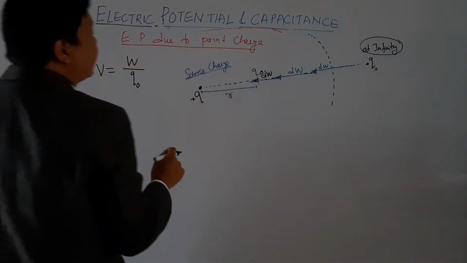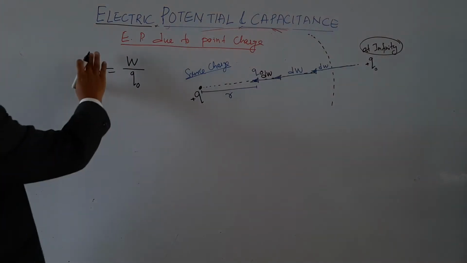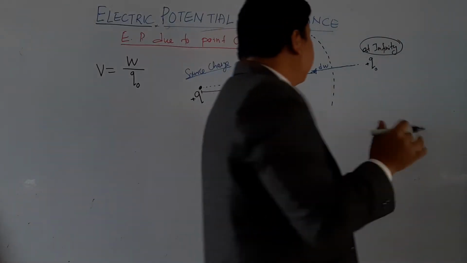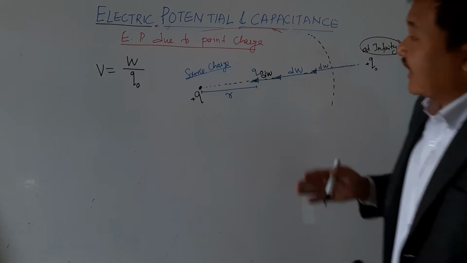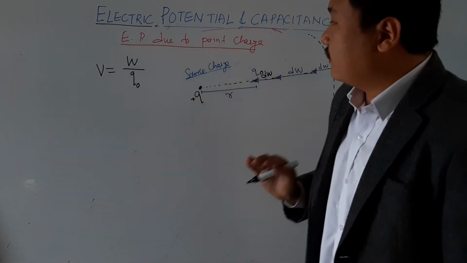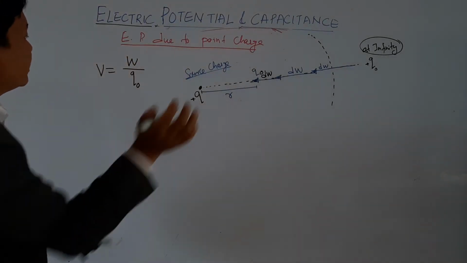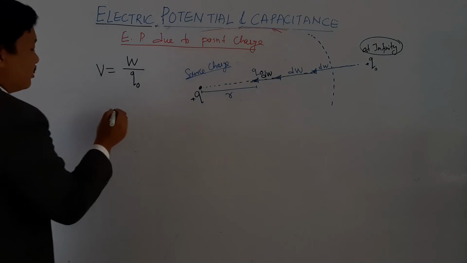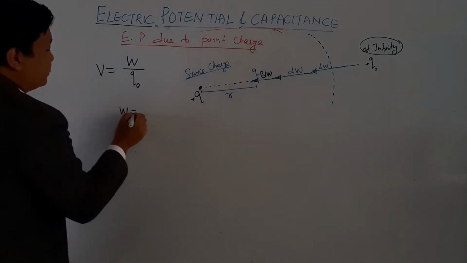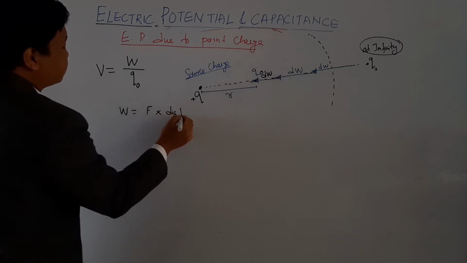I am working against the electric field of the source charge. But I want the expression for electric potential due to this charge, so I have to find the work done. You know, work done is equal to force into displacement.